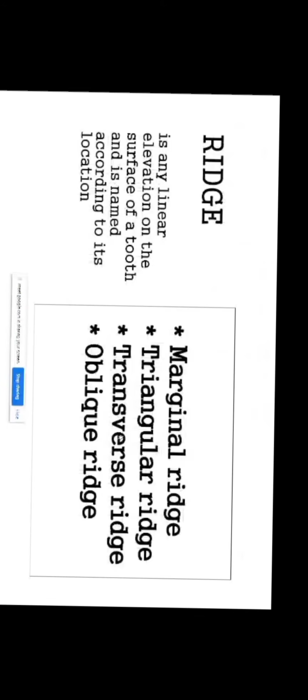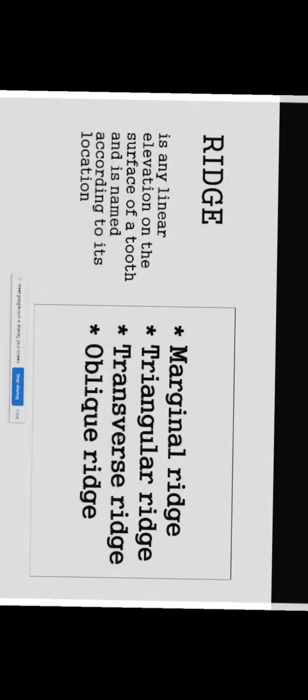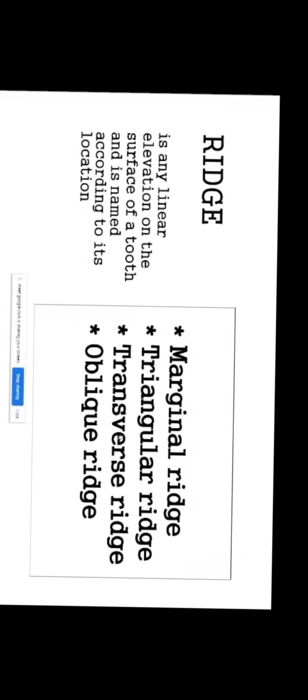Next, a ridge is any linear elevation on the surface of the tooth and is named according to its location. So we have marginal ridges, triangular, transverse, and oblique ridges. Let's discuss further. Marginal ridges are rounded borders that form the mesial and distal margins of the occlusal surfaces of premolars and molars, meaning marginal ridges can be found on posteriors, on the occlusal.